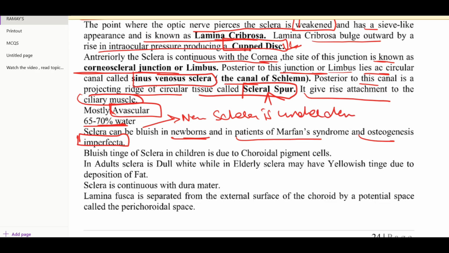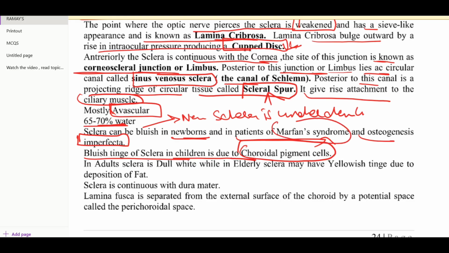That's why the underlying choroidal pigment cells give the bluish hue to the sclera. The bluish tinge of the sclera in children is due to choroidal pigment cells.